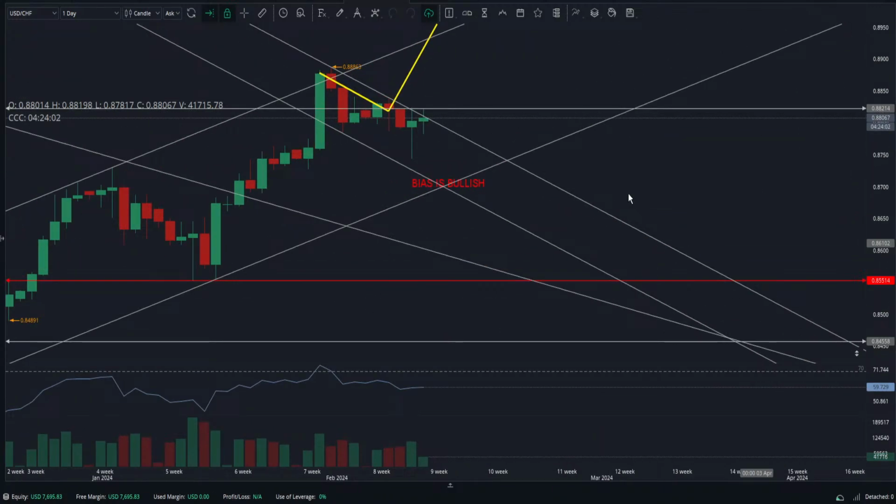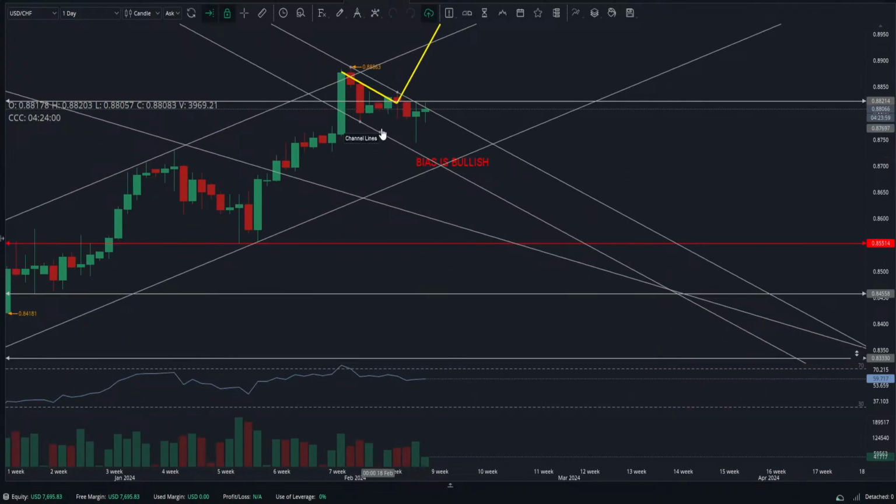USD CHF looks like it is trying to go higher from here, but these lower highs and lower lows are stopping it, and I'm expecting the price to find resistance around 0.8821, where I have this price marker, and this may push the price towards this confluence of support.